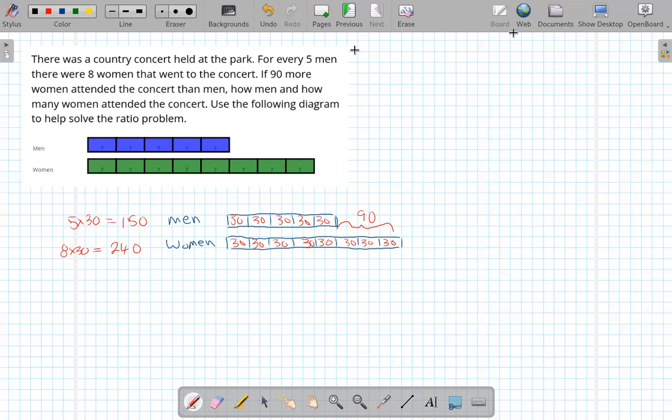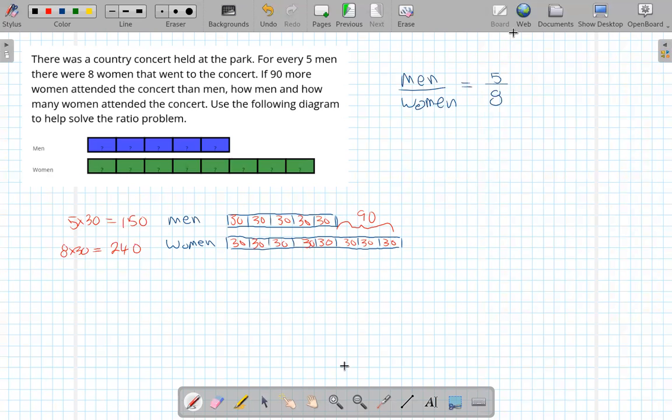So we take this proportion of men to women, which on its own would be hard to use with the 90 more, right? So if I look at men versus women, that always is going to have a ratio of 5 to 8. But the 90 is the difference between them.